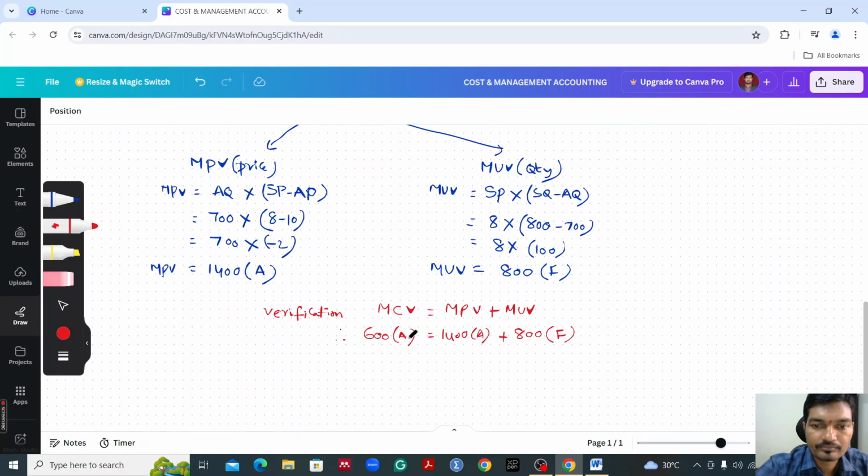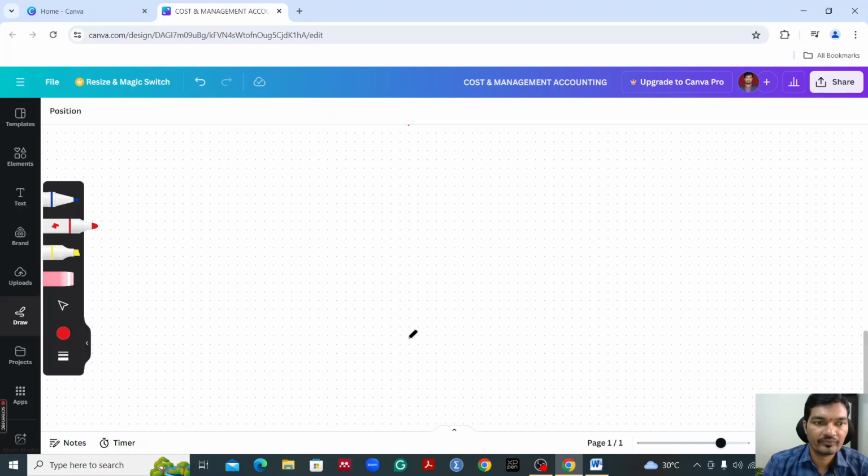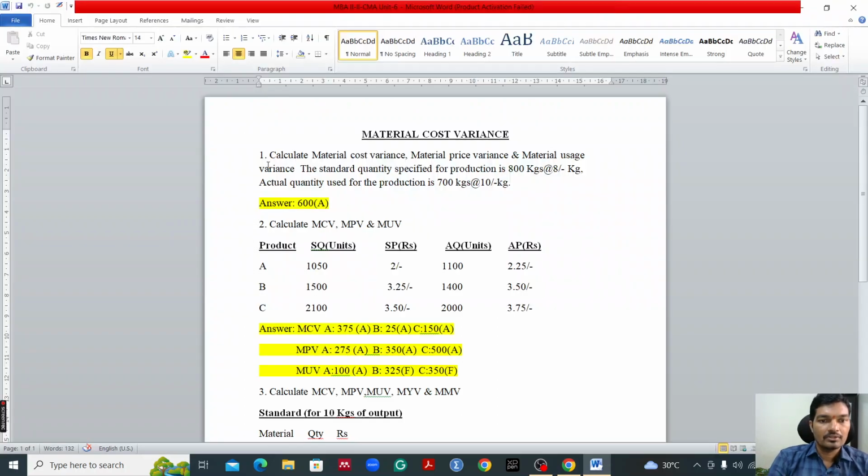And moving to the second sum. Here, what is the difference between the first sum and the second sum? The first sum is having only one product, but in the second sum we have multiple types of products available.